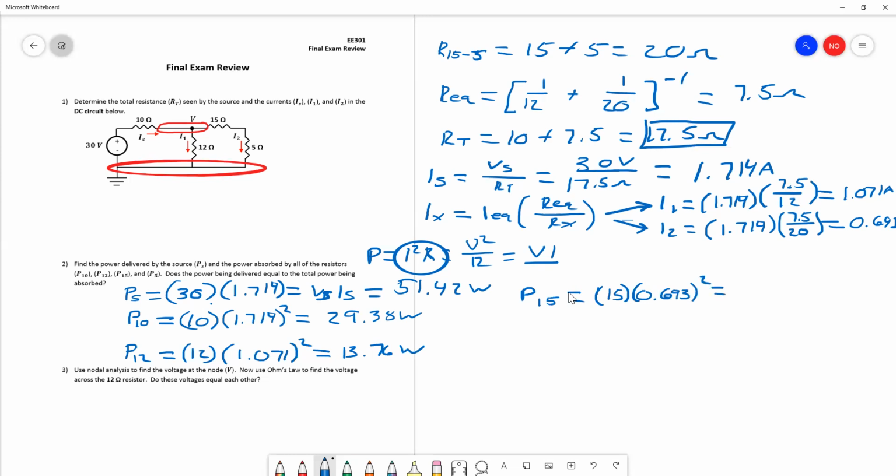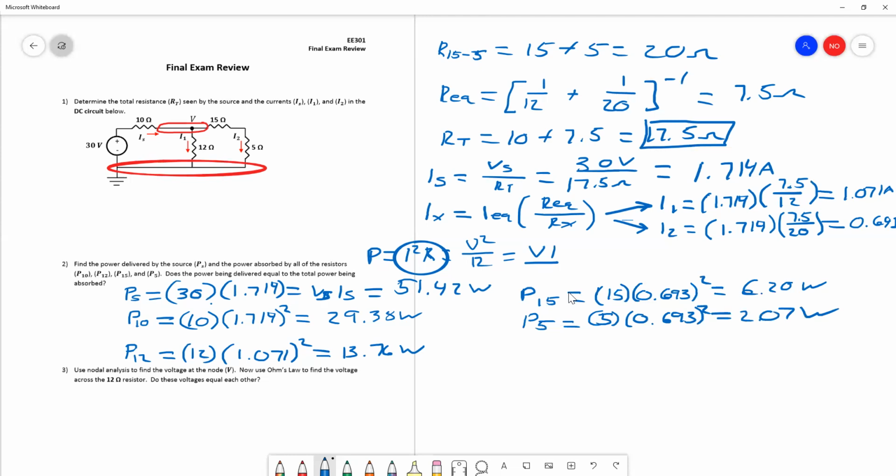And that gives us 6.20 watts. Lastly, power of the 5 ohm, that is 5 ohms with the same current that was flowing through the 15. So that will finally give us 2.07 watts.